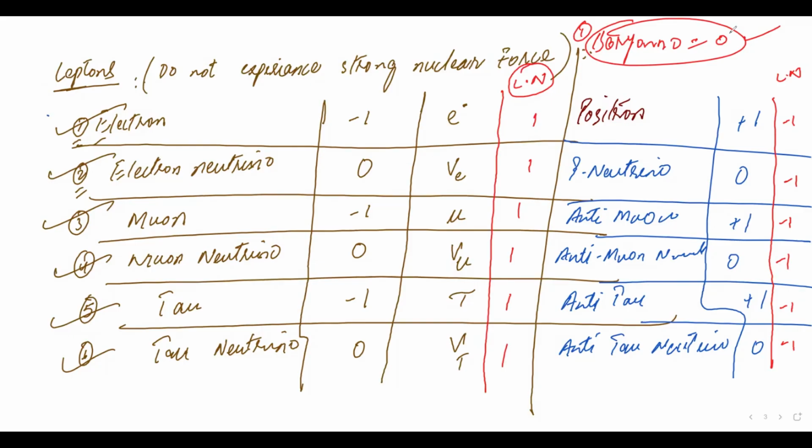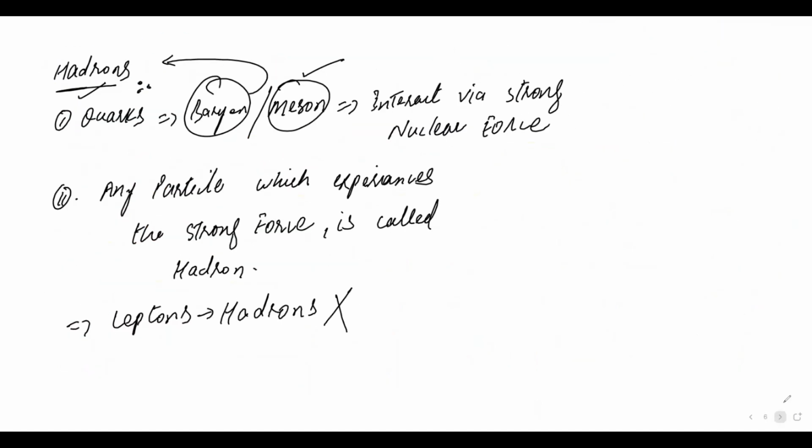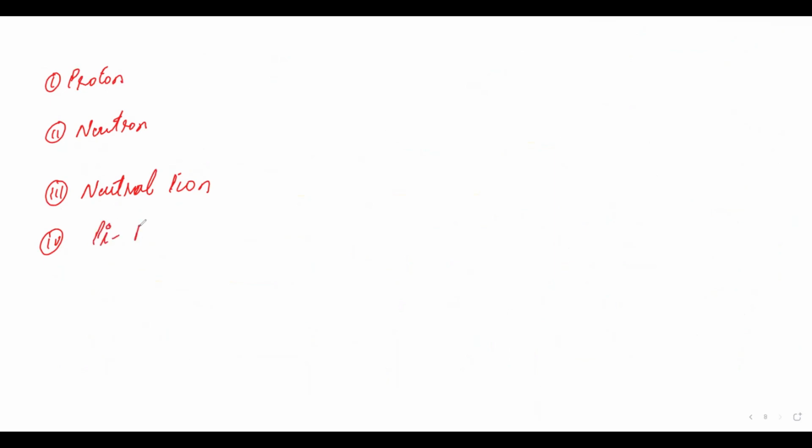Now we also need to talk about some other particles, which are very important. For example, we're going to talk about the proton, the neutron, the neutral pion, and the pi plus as well.